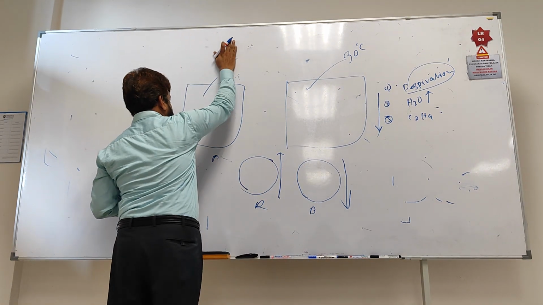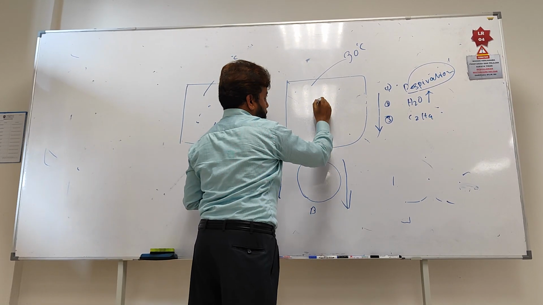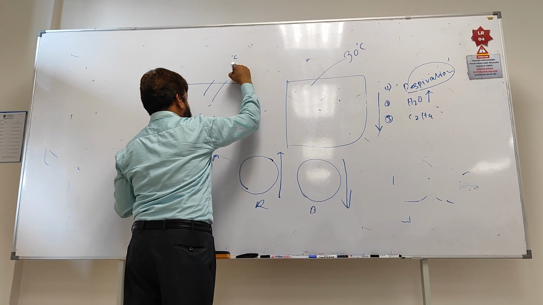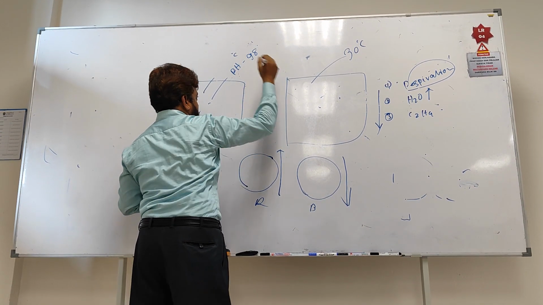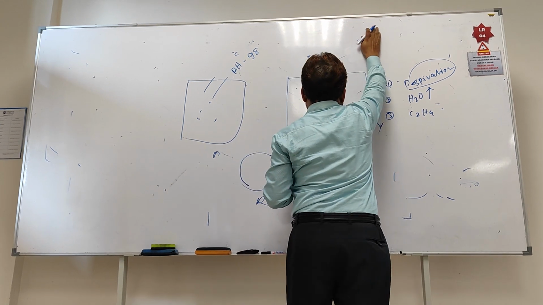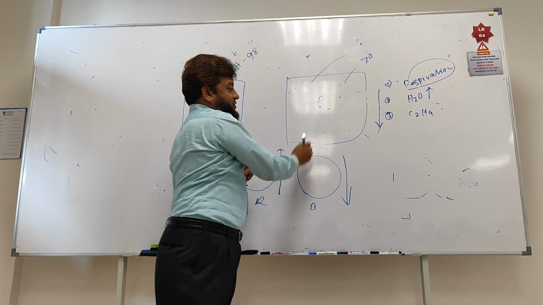Say in this house we store some fruit, and also in this house we store some fruit. In this house the RH, relative humidity, is around 98%, but in this house the RH is around 70%. We keep the same fruit.